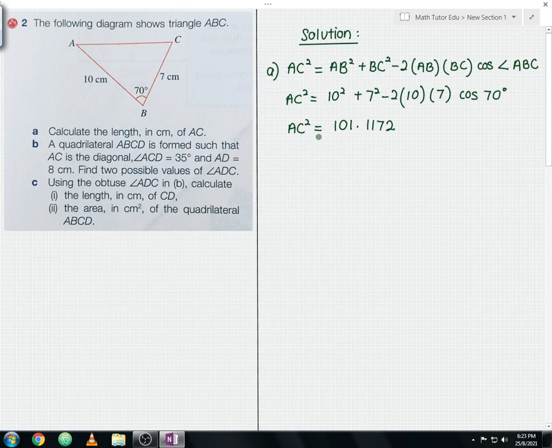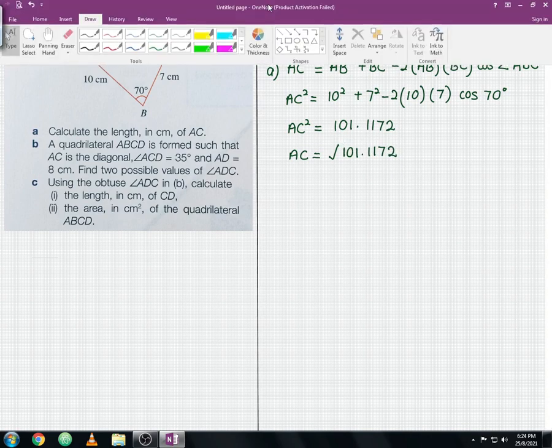Okay, so AC square is equals to 101.1172. So in order to find the AC, what you need to do is you need to square root this value. Okay, so from here, square root 101.1172. Let me underline the square root.